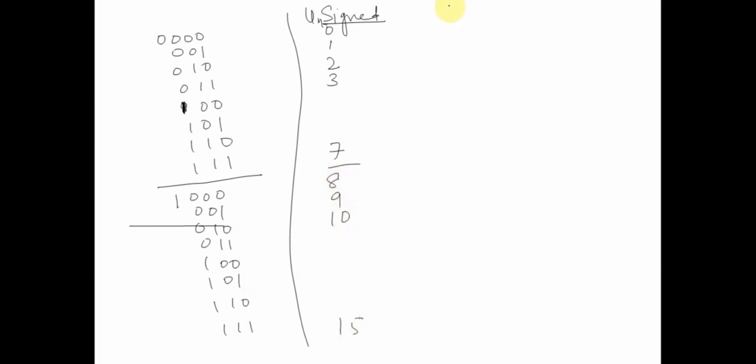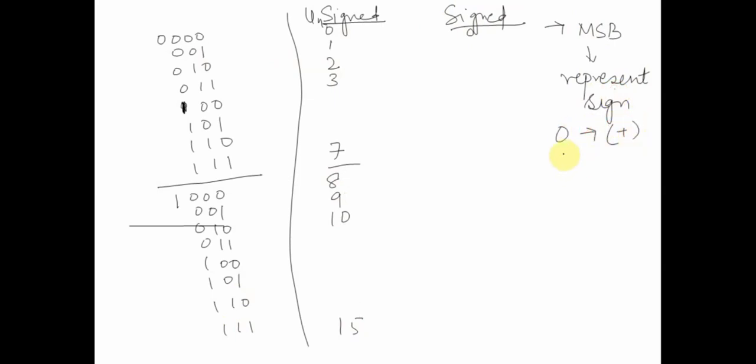Correct? But in signed notation, the MSB, the most significant bit, will represent the sign of a number. 0 means positive, 1 means negative.